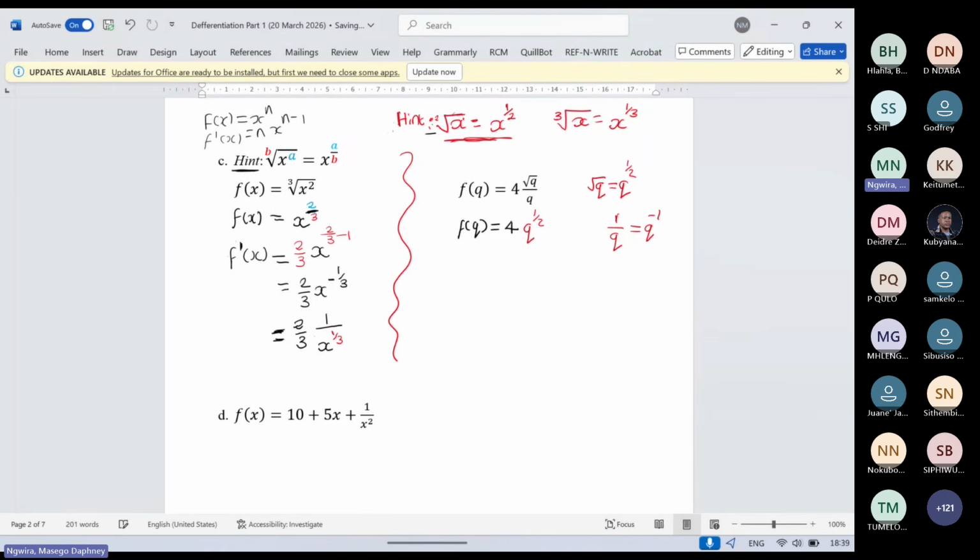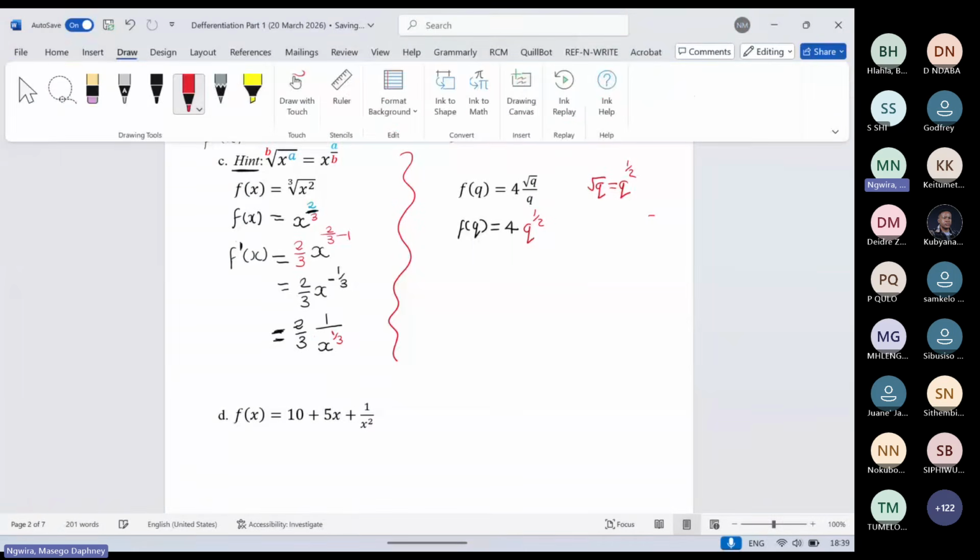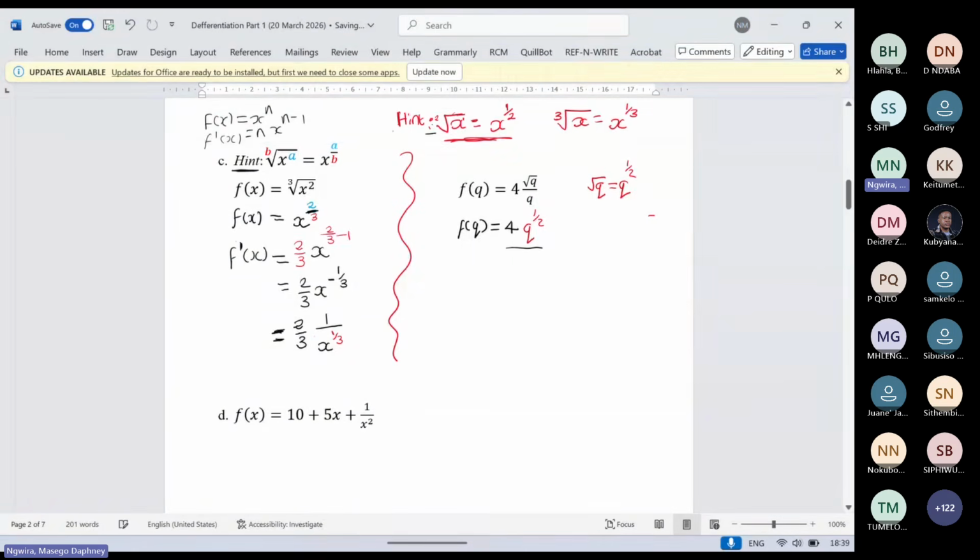But let me not overwhelm you. Let me do it so that it makes sense. So I changed this one first. So this will be over q so that I don't overwhelm you. And then now I want to take this q to the top. So now I am going to have 4 times q to the power of 1 over 2.